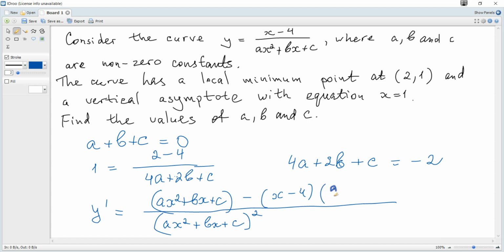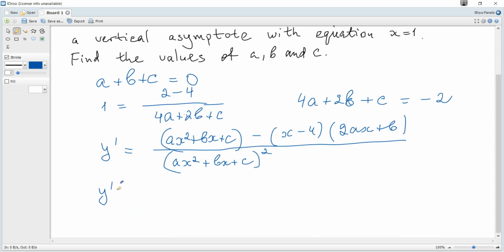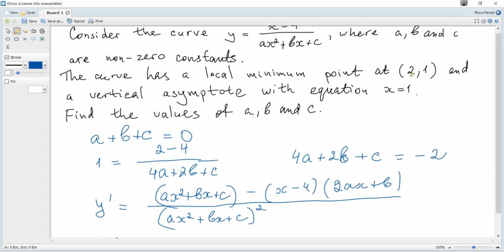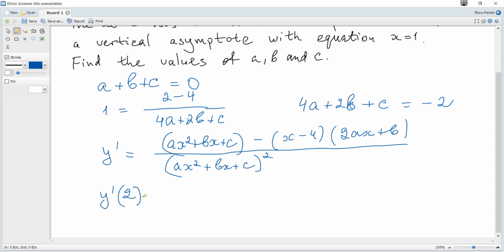Just 2ax plus b. We need the derivative only at 2, because there is only x is 2, so the derivative at 2 must be 0.